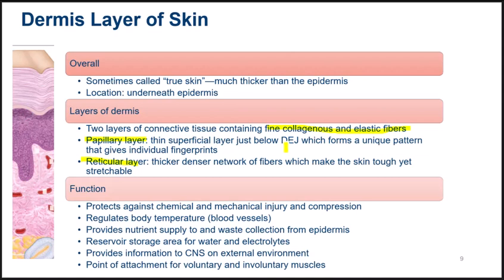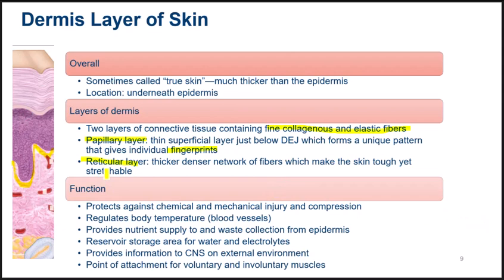It consists of these bumps that project into the epidermis that are actually responsible for creating your fingerprints. So let's have a look at that here. That's going to be this layer here that you can see creates almost these bumps that push up against the epidermis, which contributes then to your fingerprints. And fingerprints are unique to each individual, even in identical twins.